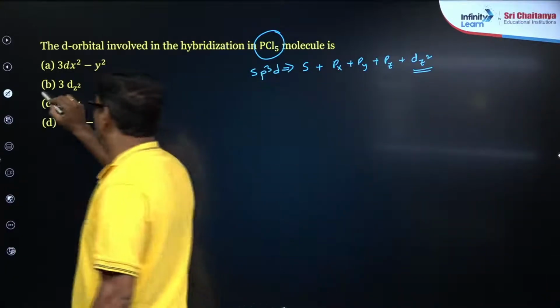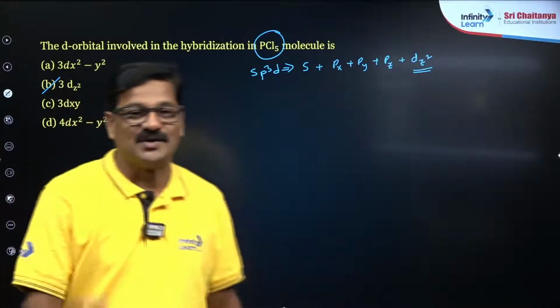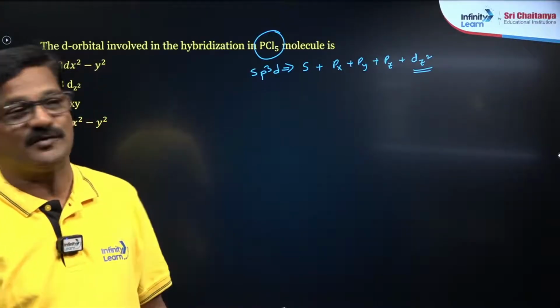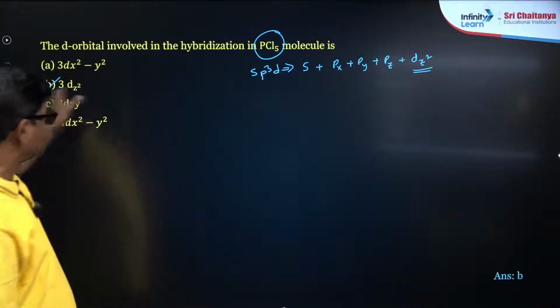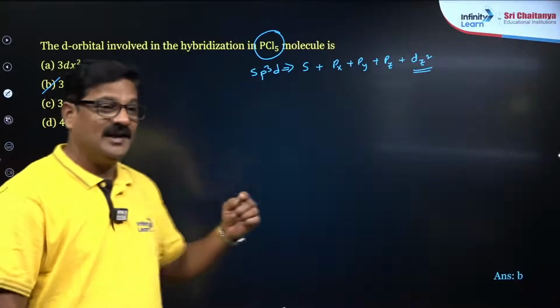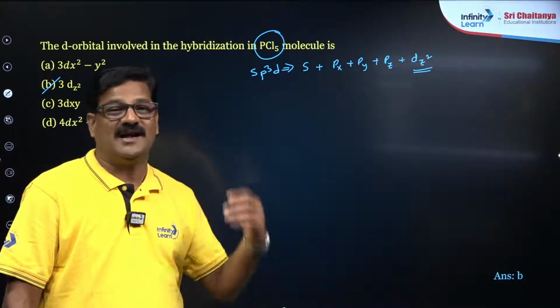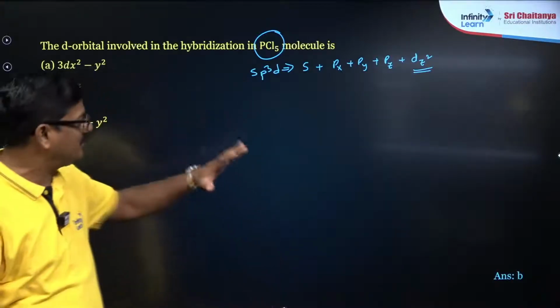The dz square orbital is used, from the third shell, so that is 3dz square. So which d orbital is used? That is also a very important question for this kind of questionnaire. And you can see the option is B. If it is sp3d2, d2sp3 or dsp2, various combinations are there.